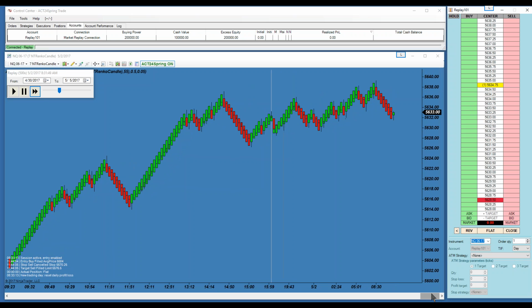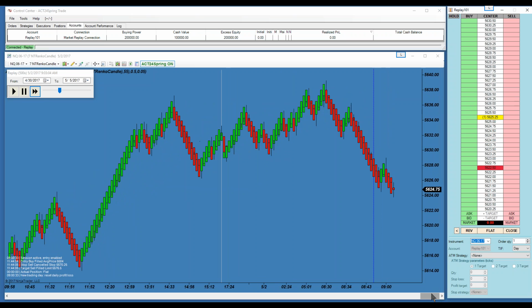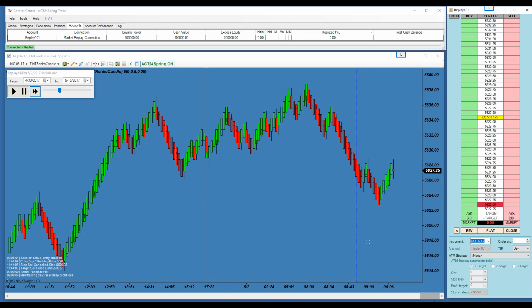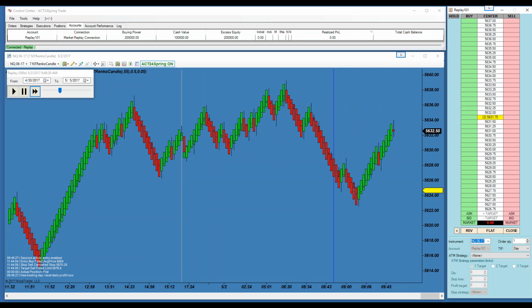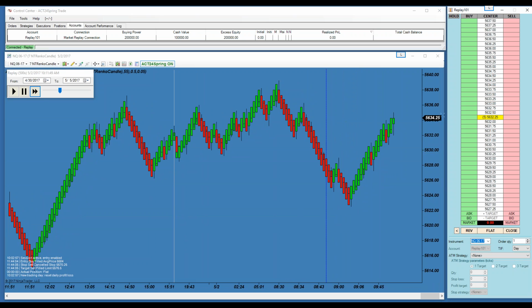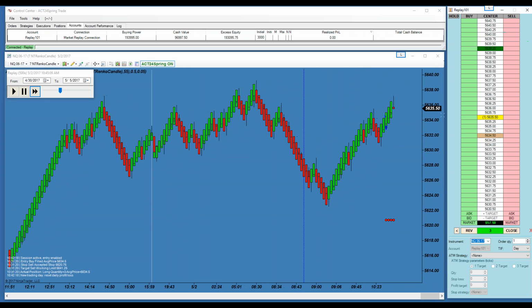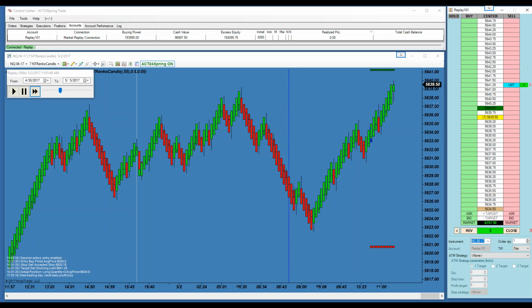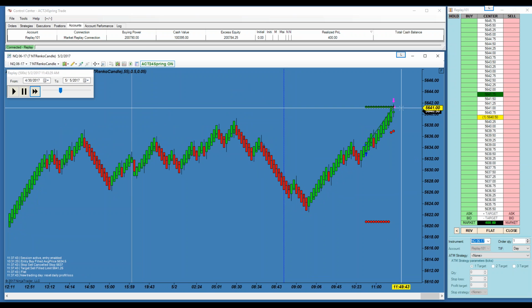You see how sideways it is. It actually made another new high there. Then the market opens. So now it looks like it wants to move. We can trade. We got the blue line that came in a down move. So we'll probably take a long trade as the first one. Order pending. There it is. Okay, we're protected with profit. Order filled and a target.